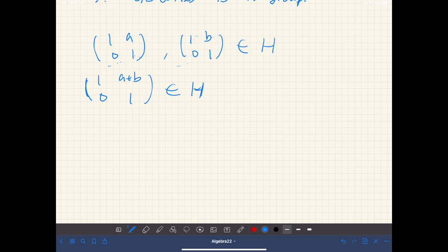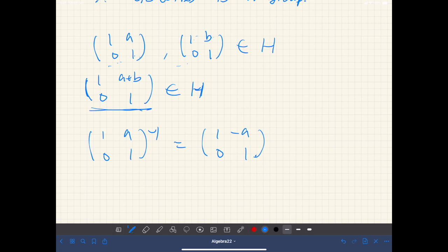And what about the inverse element? From this product, we can immediately see what the inverse element is. The inverse of [1 a; 0 1] should be [1 -a; 0 1]. As you can see, if you replace b with negative a, then this will be the identity matrix.